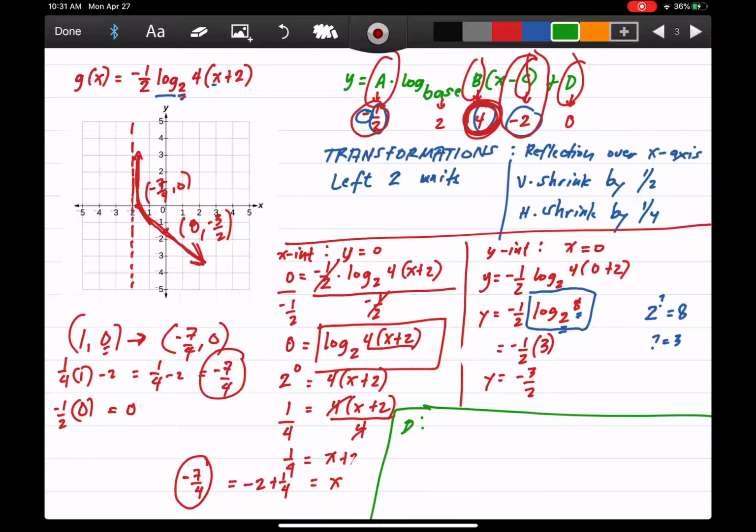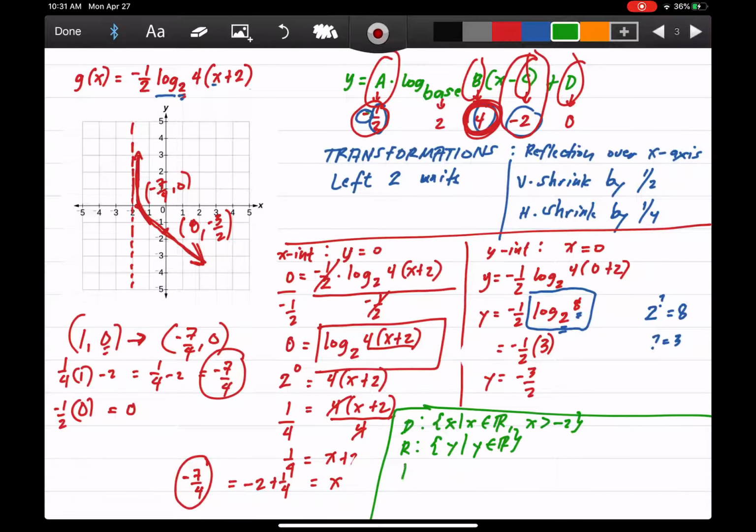So the domain will be the set of all x such that x is an element of the real numbers, but your x is greater than negative 2, right? And for your range, well, it's all real numbers, as you can see. Set of y such that y is an element of the real numbers.